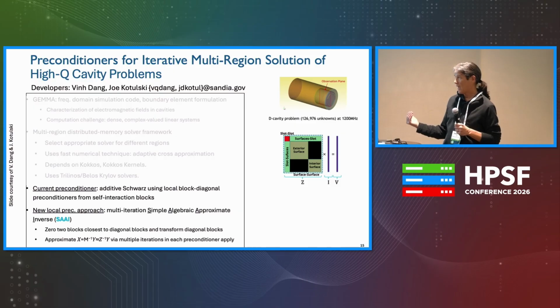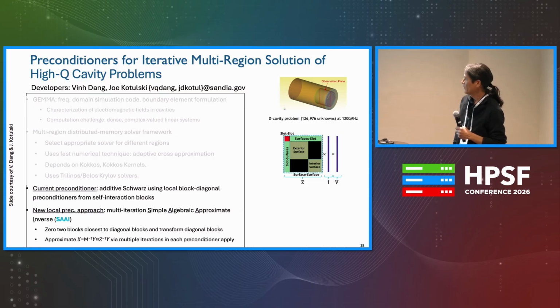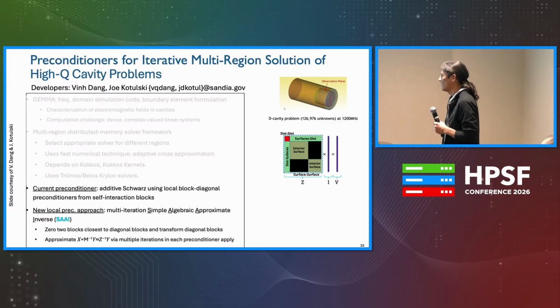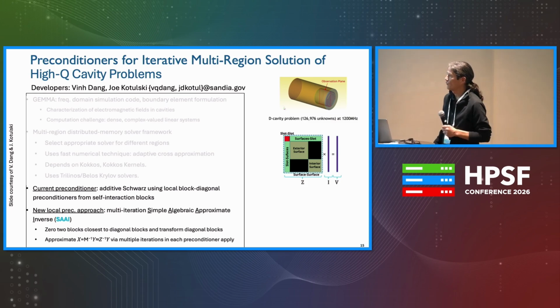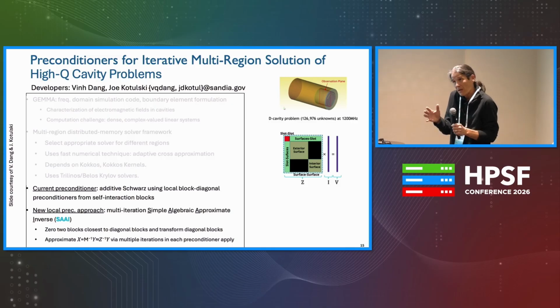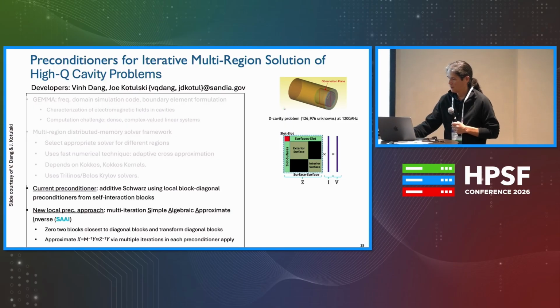But they have developed a new local preconditioner approach that they call simple algebraic approximate inverse, SAAI. Through some algebraic transformations, they can essentially make the preconditioner for the local block more diagonally dominant, in an iterative process.